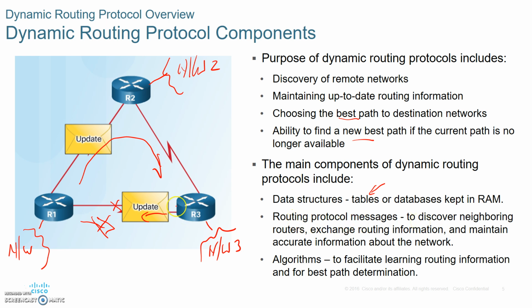These messages are sent between the routers to discover new routers, to exchange routing information, and to maintain accurate information about the network. And finally, algorithm, to learn about new networks and to determine which path is best if there's two or more alternative paths to go to a particular network. So this algorithm will also be one of the components of a dynamic routing protocol.